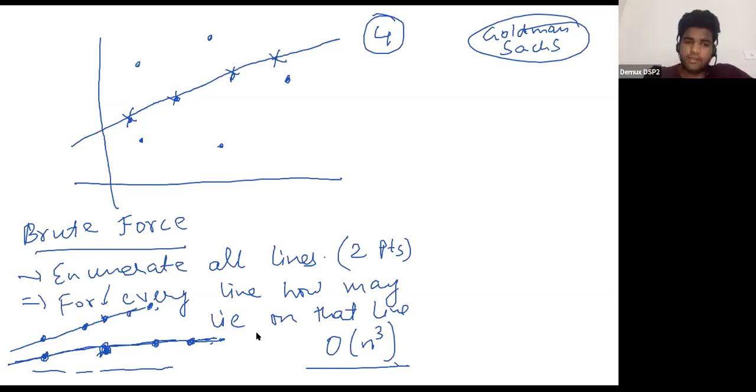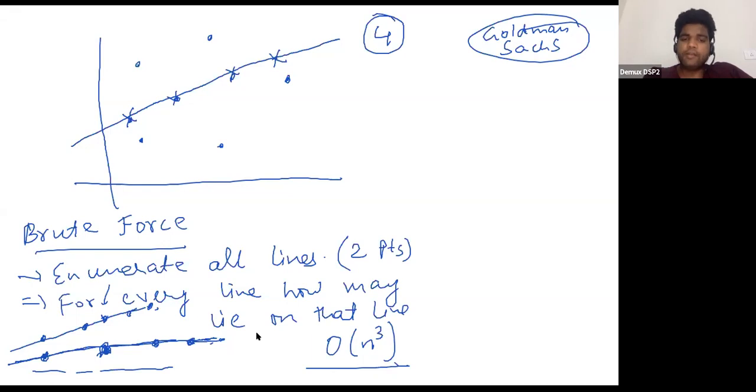Yeah, that's okay, you can find whether a point lies on the line or not. That's an easy question, and it is order 1. For a particular point and a line, you can find out whether that point lies on that line or not. That's not the problem here.